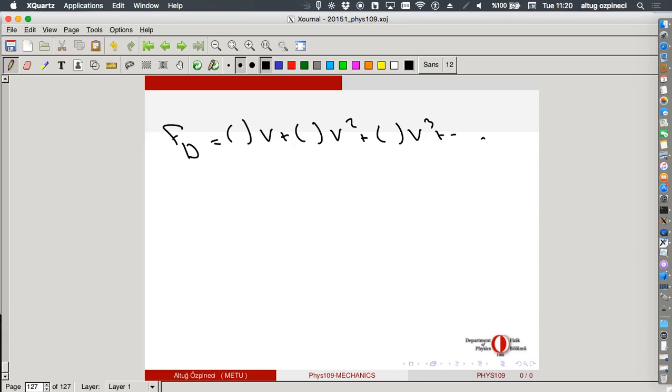At small values of v, let's say 0.1, this is 1%, this is 10%. If v is very small, then you can just ignore this one. Of course, which value of v is small and which is large depends on these coefficients, and it requires a detailed analysis of the phenomenon, which becomes really complicated. At least we have a theory, though.